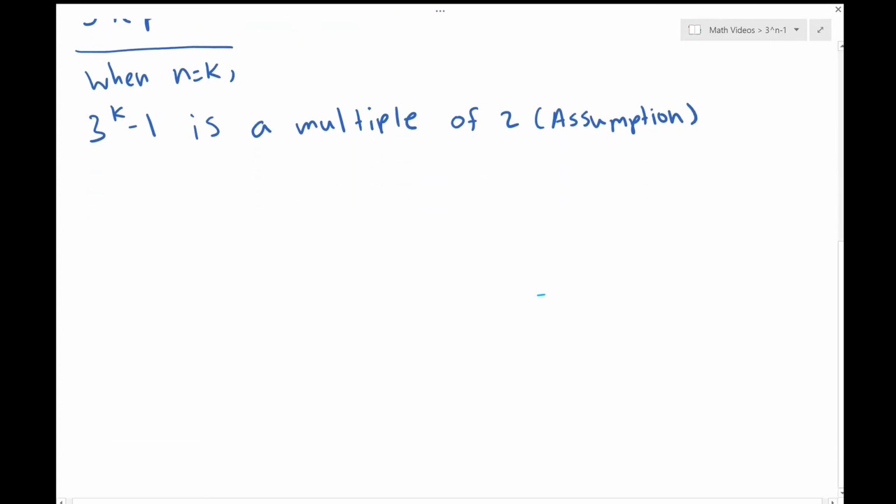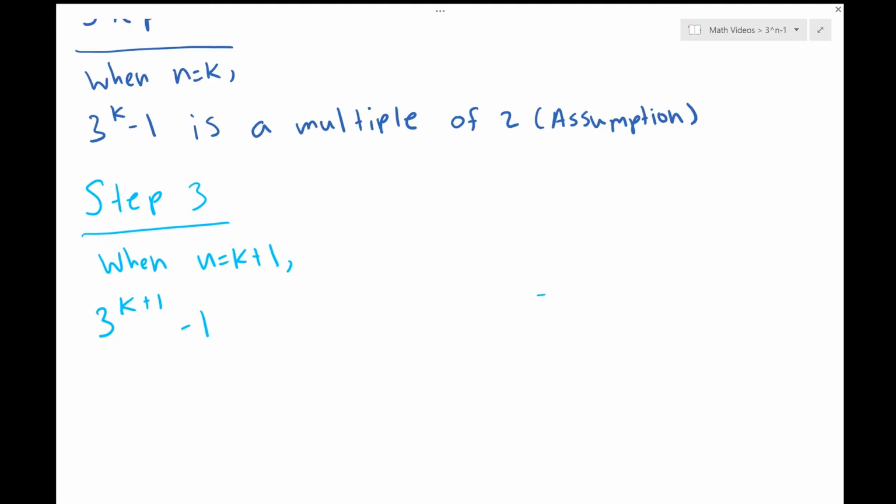So we have step 3. When n equals k plus 1, right, we plug in k plus 1 for n, so we get 3 to the power of k plus 1 minus 1. And we have to manipulate this in a way that we can show it's a multiple of 2. So this equals 3 times 3 to the k minus 1.